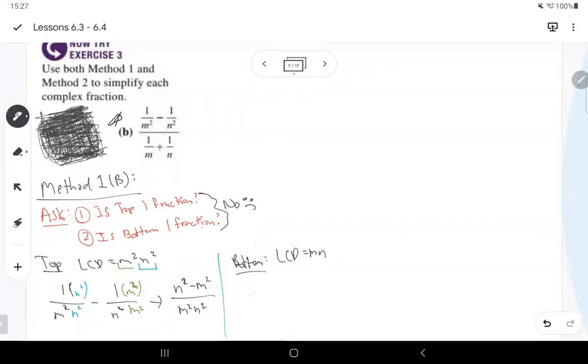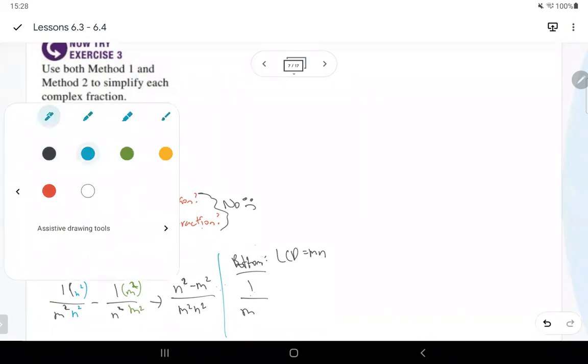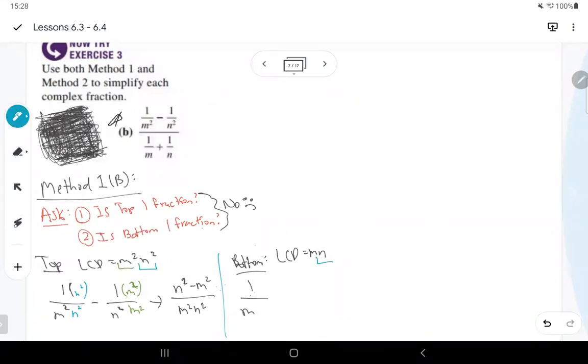So the top of the bottom will need the n, then the next part will need the m.